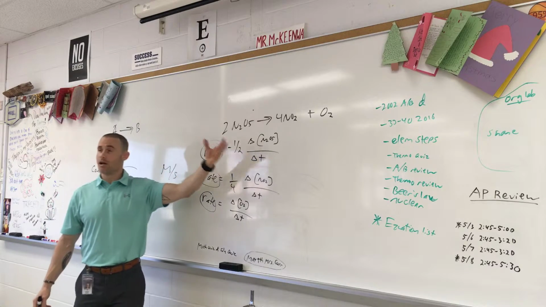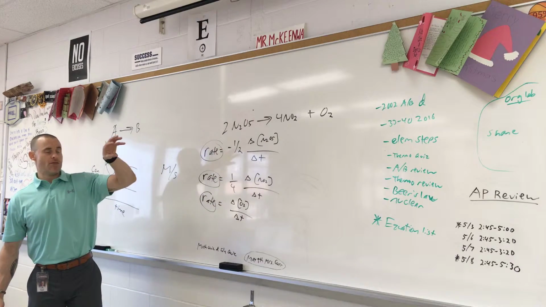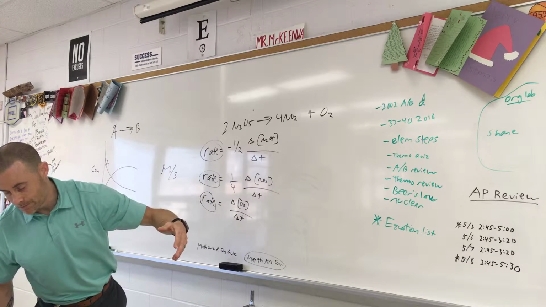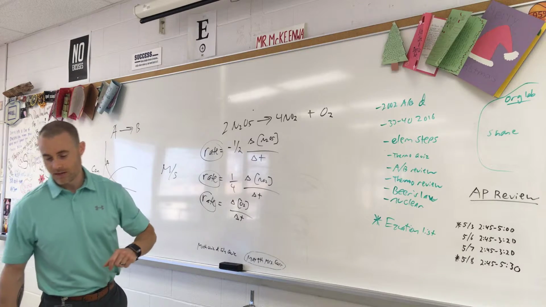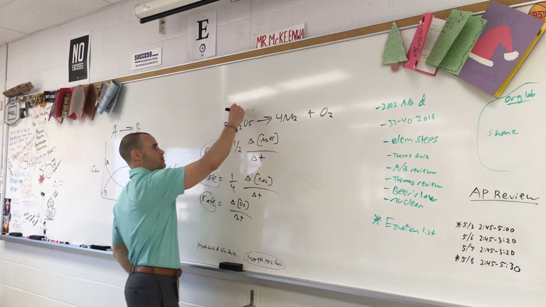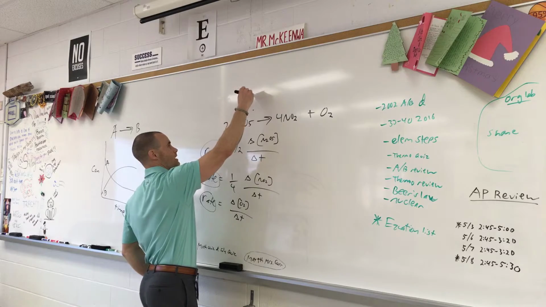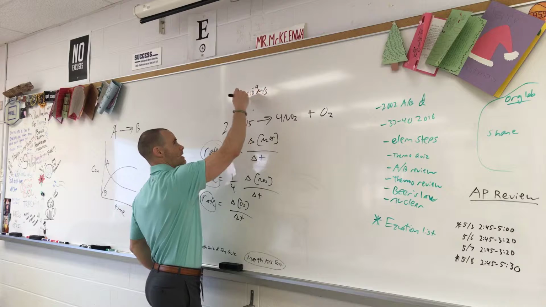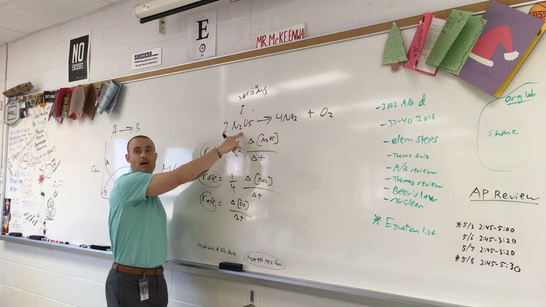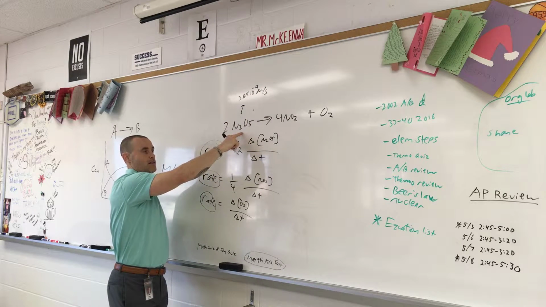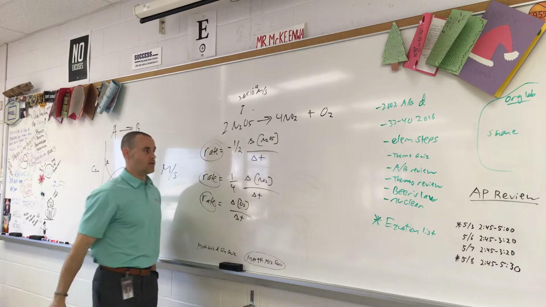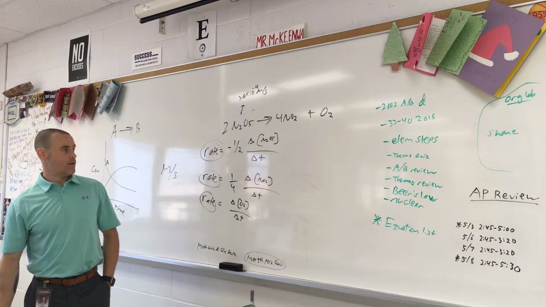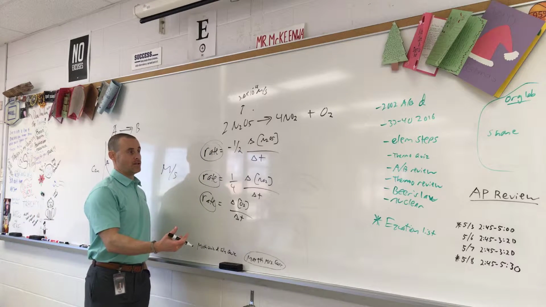So what they like to do sometimes is say, okay, the rate with respect to N2O5, let's say, is 3.0 times 10 to the -4th molarity per second. So that's your rate with respect to N2O5. What is the rate with respect to NO2?